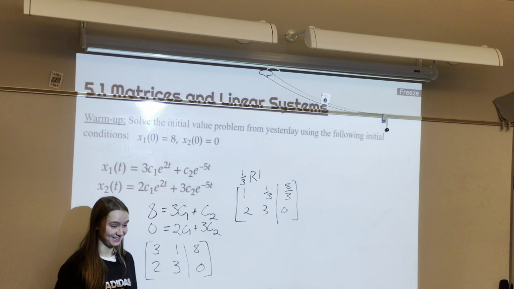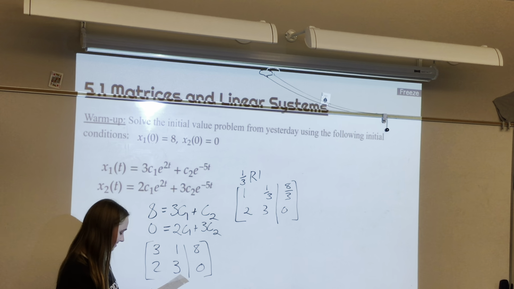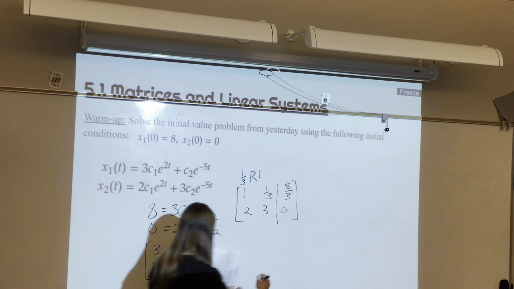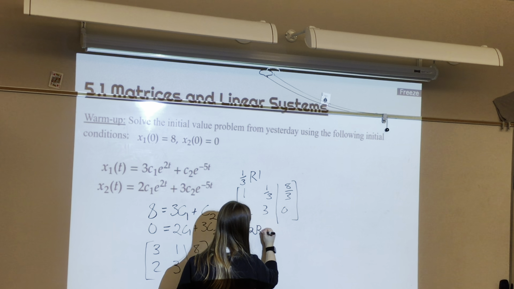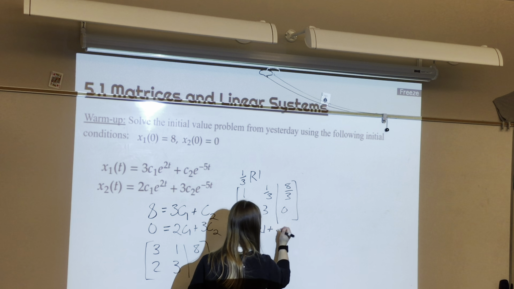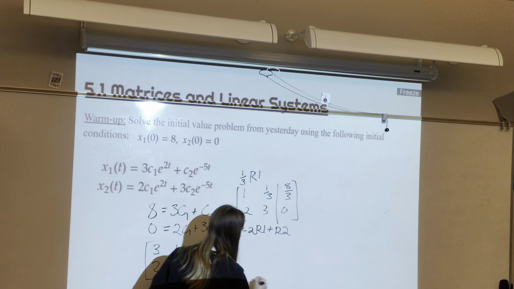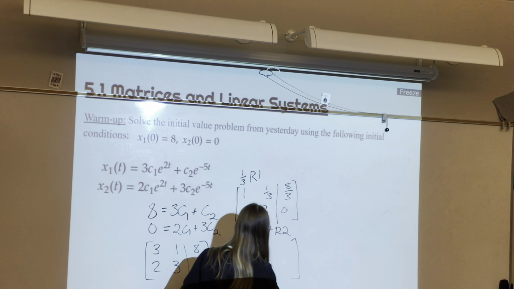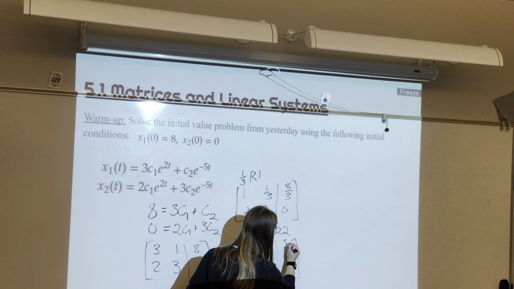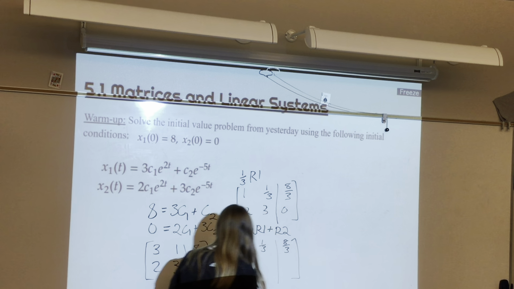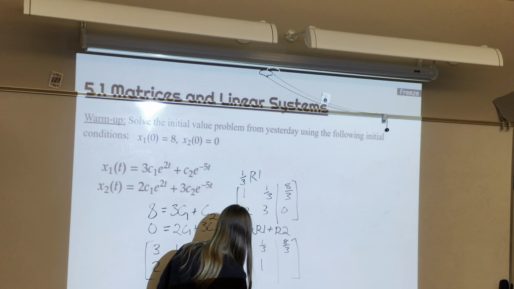Any ideas? Subtract 2 times row 1 from row 2. Yeah, so we can do -2 times row 1 plus row 2. This gets 0, 1.